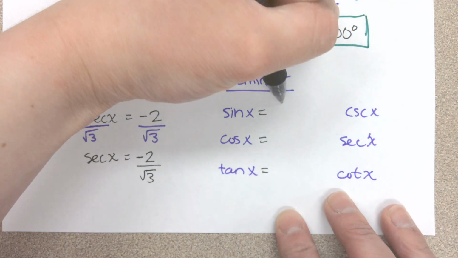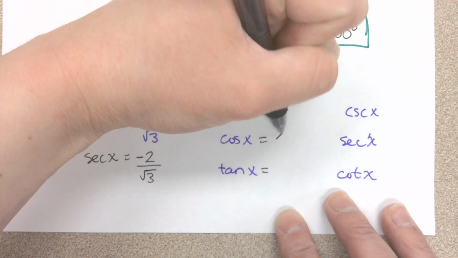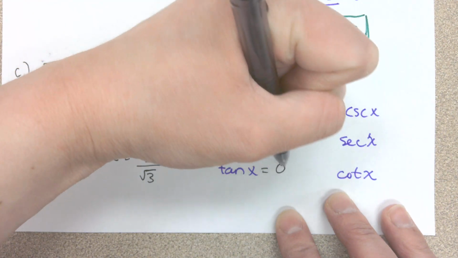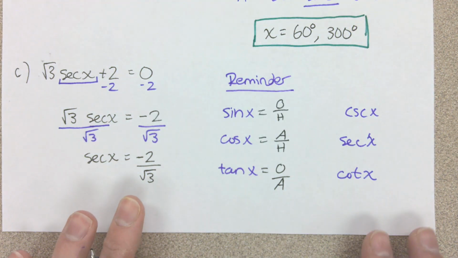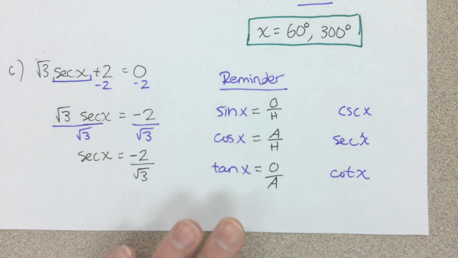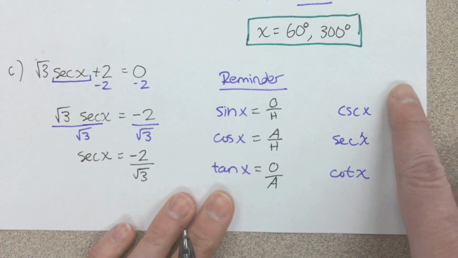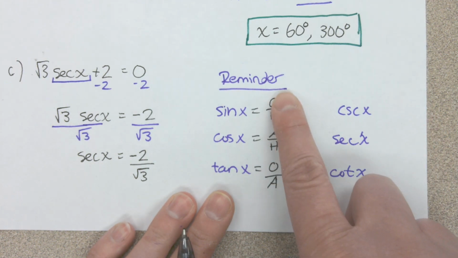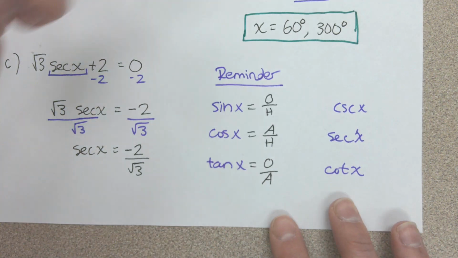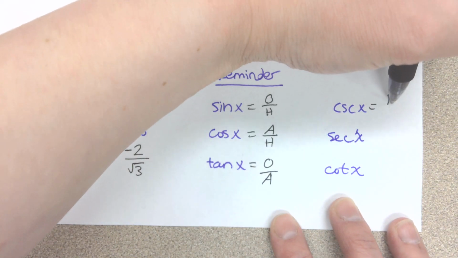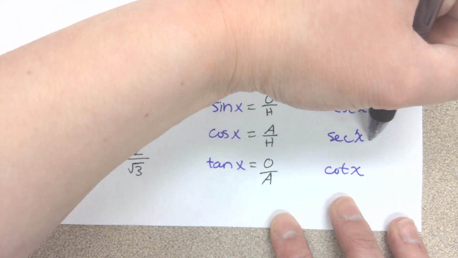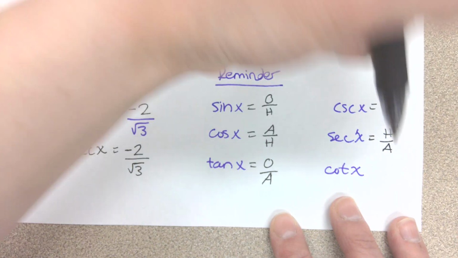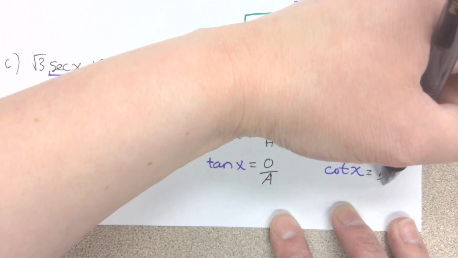SOHCAHTOA: sine is O over H, cosine is A over H, tangent is O over A. Since these are the three reciprocals, it's the flipped versions of all of those trig ratios. So cosecant is H over O, secant is H over A, and cotangent is A over O.